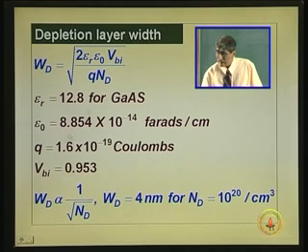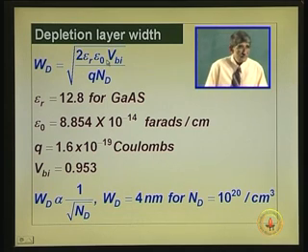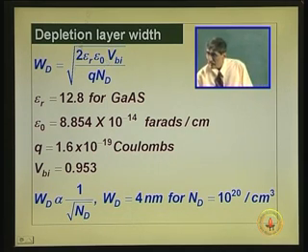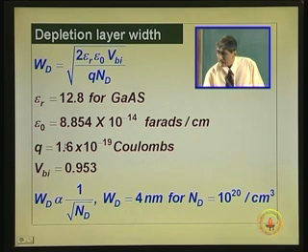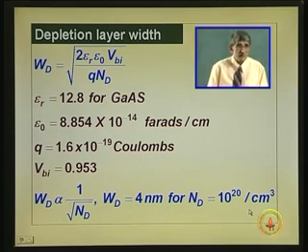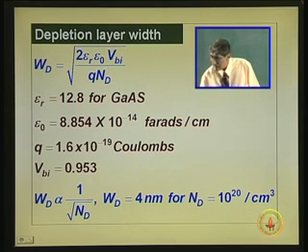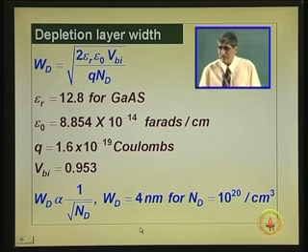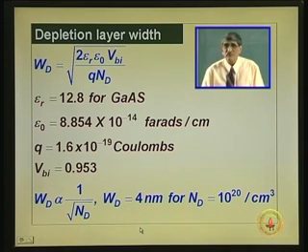Substitute all those things here, and V B I, which we have estimated, because it is equal to E g minus phi naught, 0.953. I plug in all these things, and if I put N d equal to 10 to the power 20, very heavily doped, then W d turns out to be 4 nanometers, very narrow. The width of the depletion layer is very narrow now, 4 nanometers, 40 angstroms.